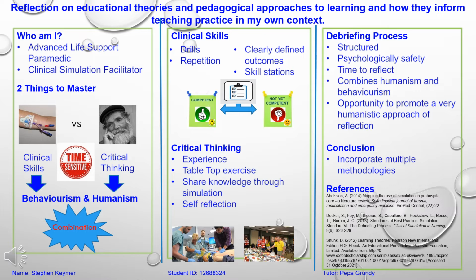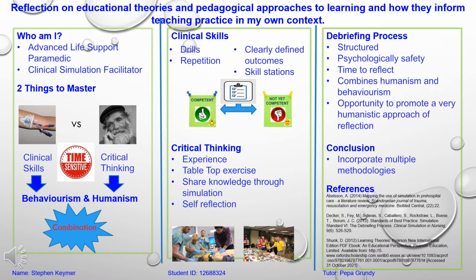In a literature review performed by Abelson et al. in 2014, they identified that simulation is a very useful tool to help students gain experience and develop critical thinking. They do, however, recommend that it is supported by other training and teaching methodologies.